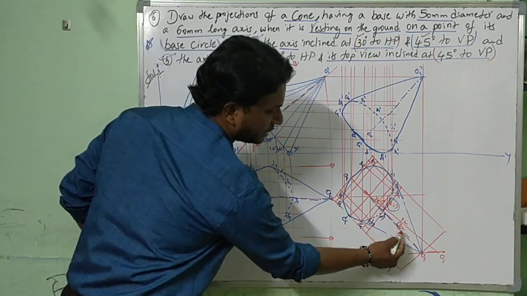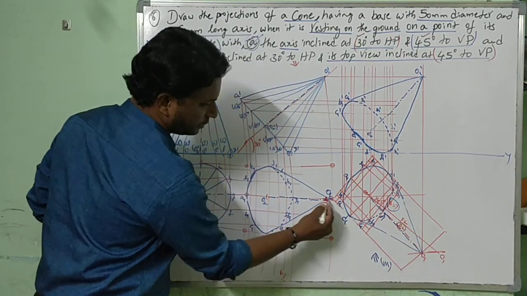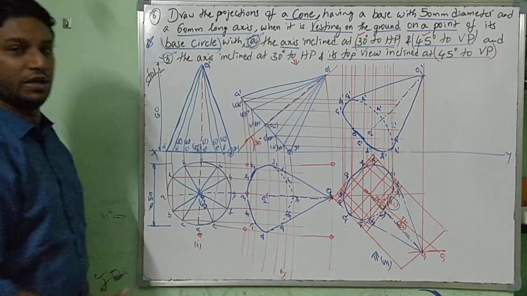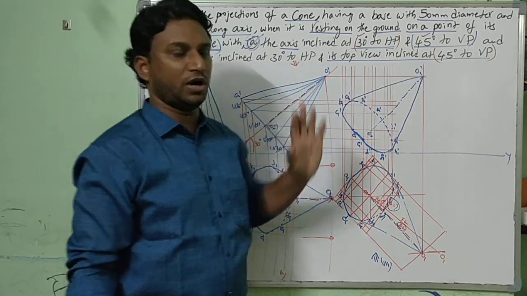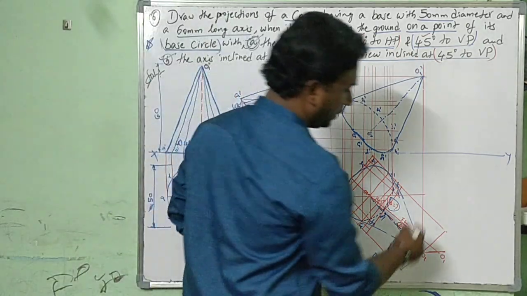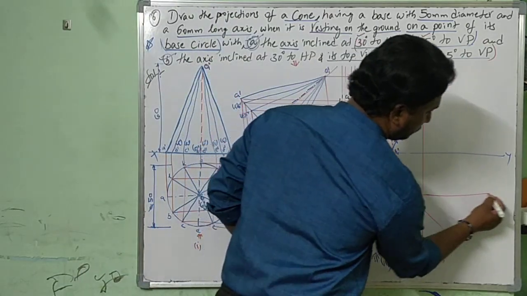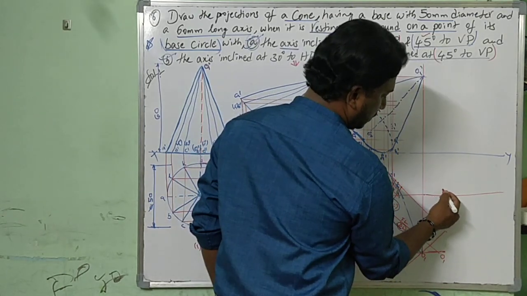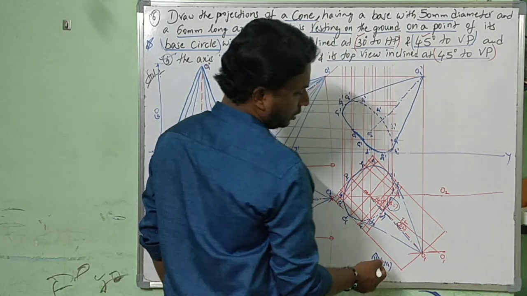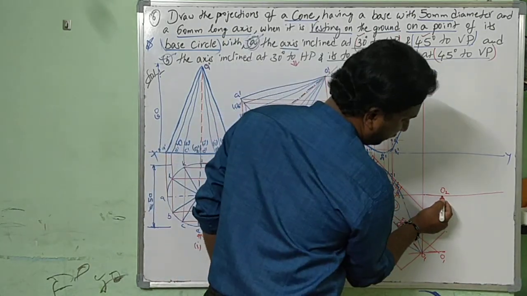Of diminution length, which is nothing but here. Diminution length. Second stage top view, its top view inclined at 45 degrees. Same method, right? Try to draw a line on that. Take any point as O2. Now at an angle of 45 degrees.